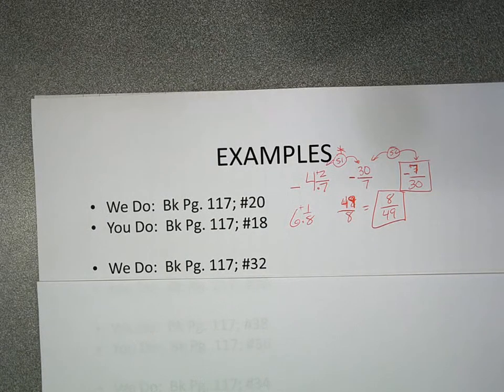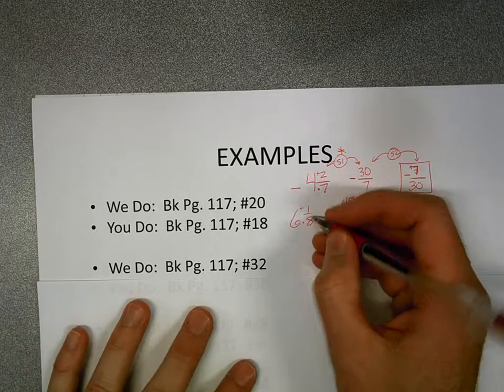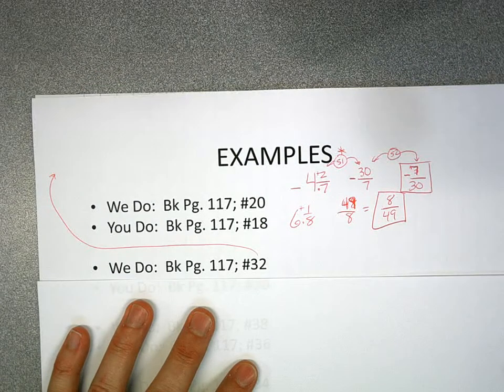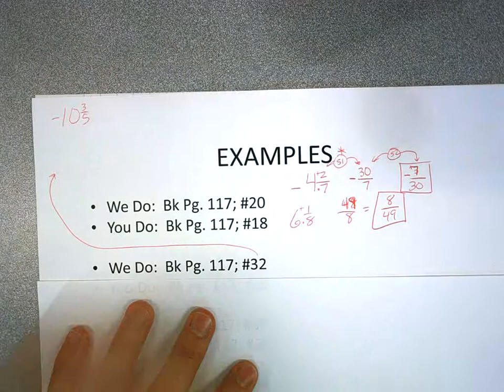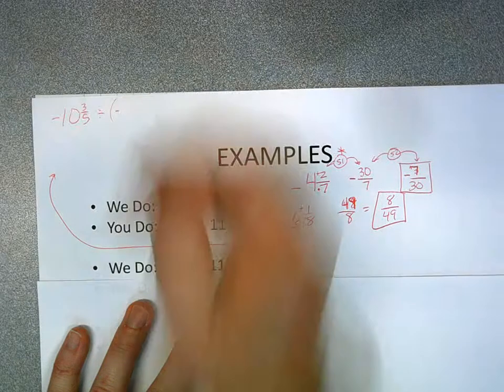Problem 32 says, find each quotient, write in simplest form. So we have an actual division problem. I'm going to move this up to the top here. So 32 is negative 10 3/5 divided by a negative, they just put parentheses around it, not a big deal, 2 2/5.